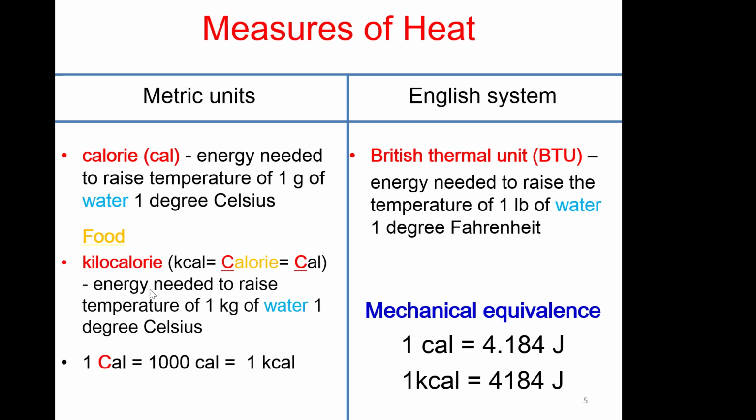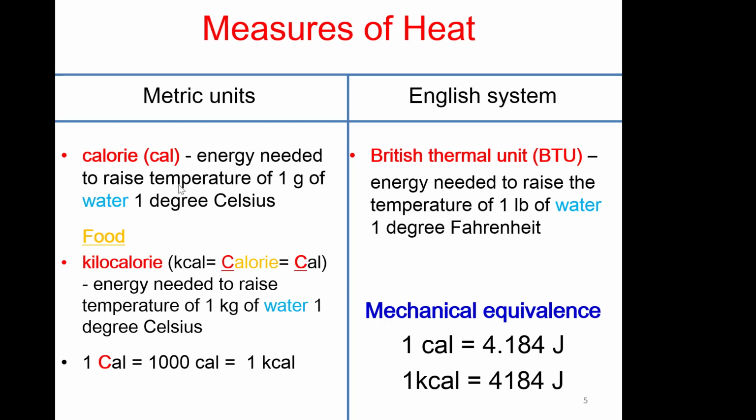This kilocalorie we can also write in the same way we write calorie, but you can see here the C is an uppercase C. This is why you have to be careful when you are reading problems related to heat, to see if the c is small or the C is big.